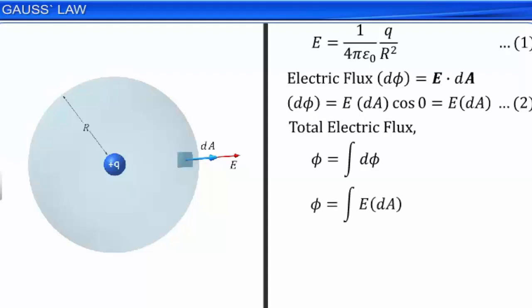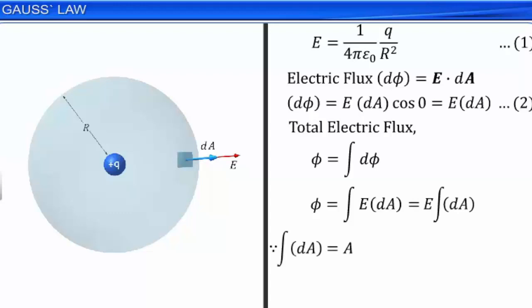Since E is constant in magnitude for all points on the Gaussian surface, we have integral E dA is equal to E into integral dA. We know that integral dA is equal to A, which is the area of the Gaussian surface considered. Now, phi is equal to EA.